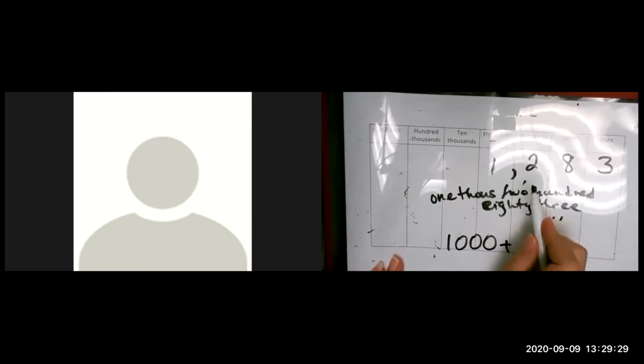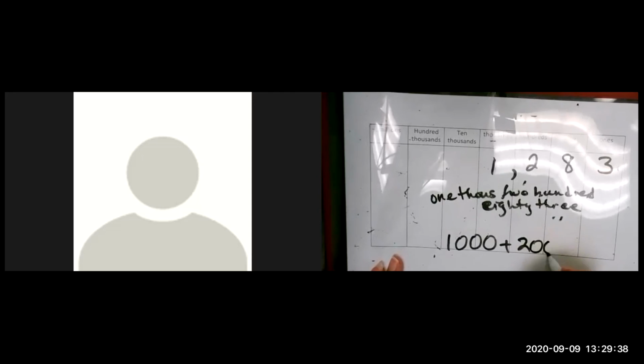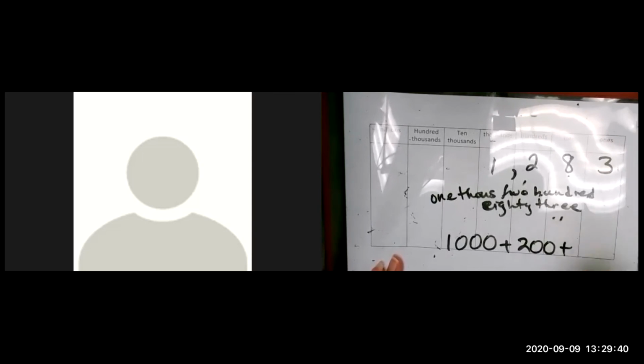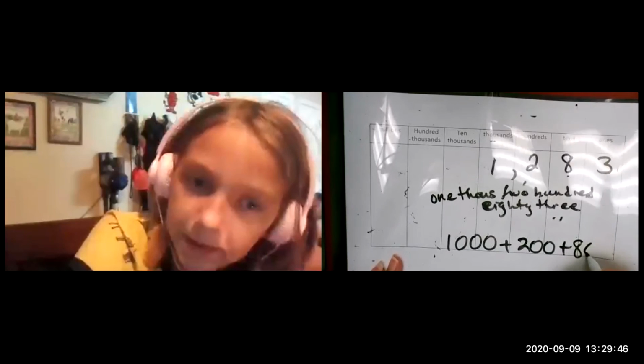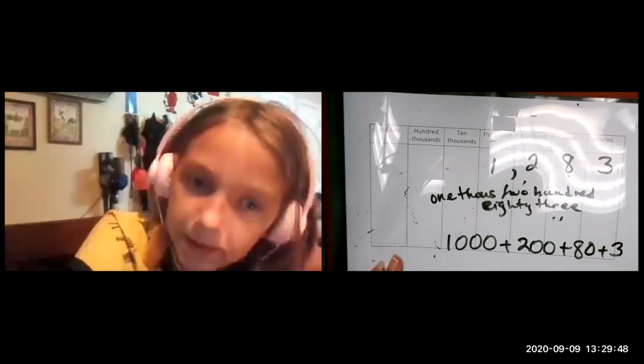And then plus, if I put the 2 down, how many zeros am I going to put behind it? 2. Okay, then plus, the next number is the 8. So how many zeros am I going to put behind the 8? 1, that's right. And then 3, do I put any zeros behind the 3? No. Okay, so this is the word form. This is the expanded form.